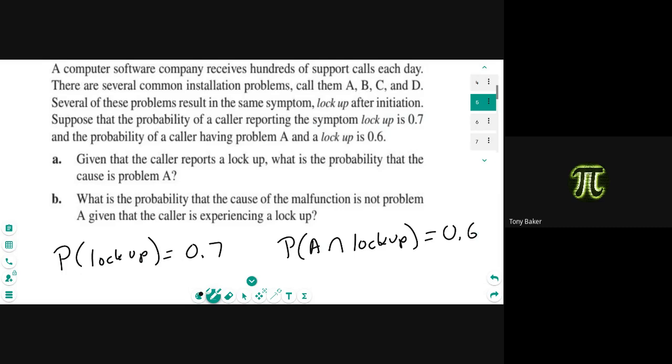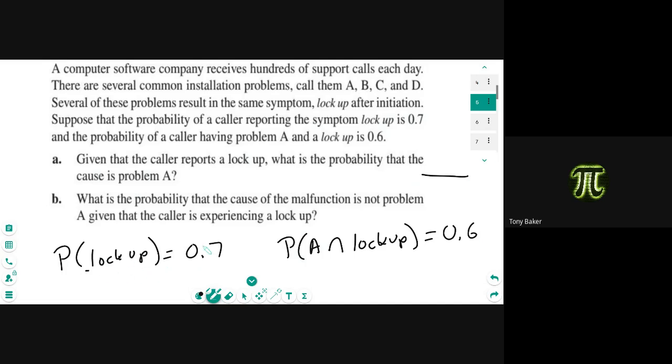Given that the caller reports a lockup, what's the probability that the cause is A? So they've said lockup, right? Would that be 30%? No. Remember that the probability is over, the given is on the bottom, and the intersection is on top.